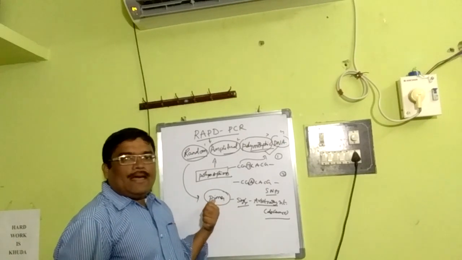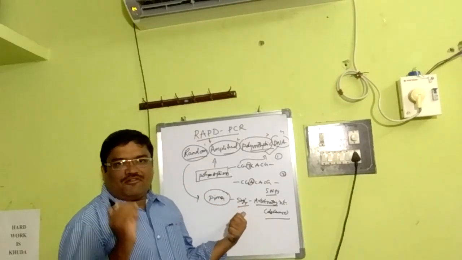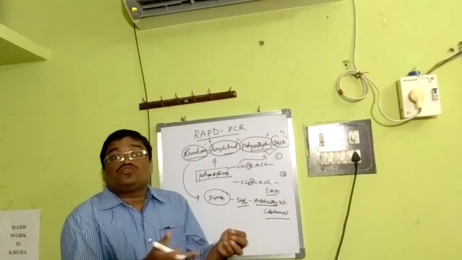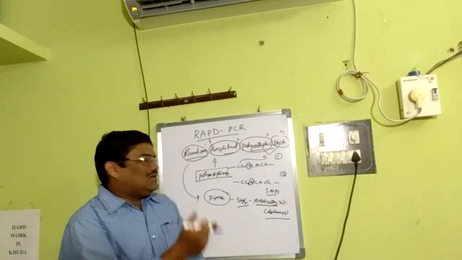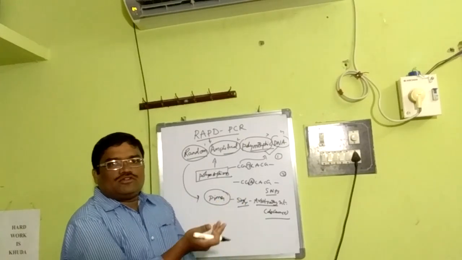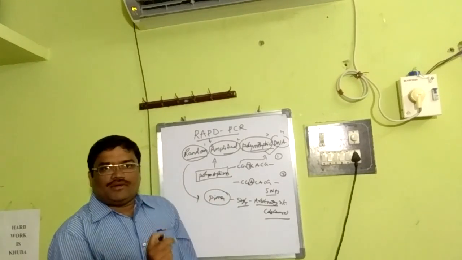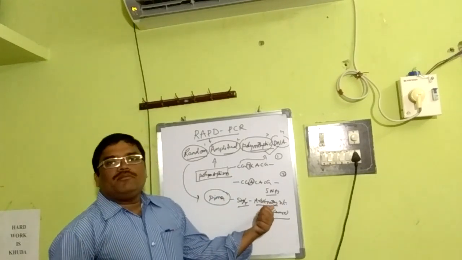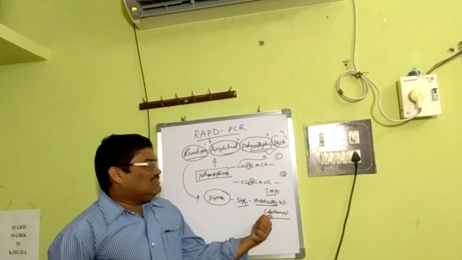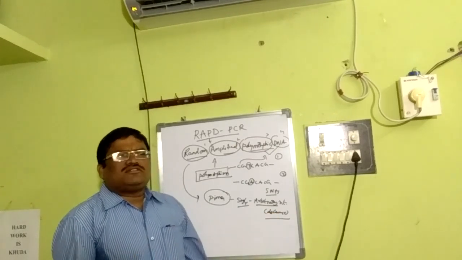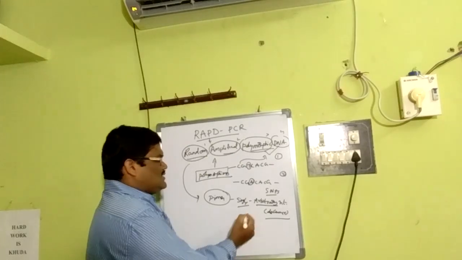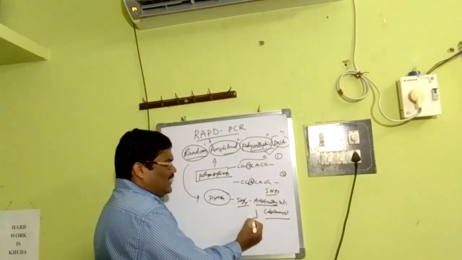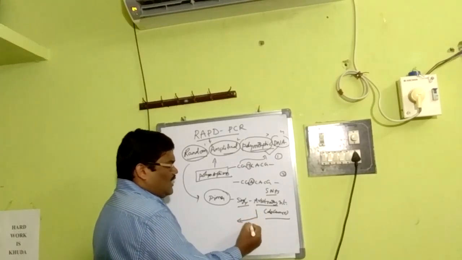We are using a single type of primer. Unlike in PCR, where we use two types of primer, forward and reverse, here only a single type of primer is used, made up of arbitrary nucleotides, generally a decamer of 10 nucleotides, somewhere around 8 to 12.